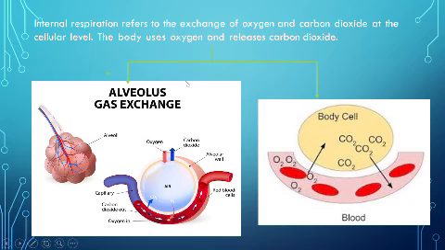Okay, see the picture here. It is alveolar gas exchange. See here, alveoli. Then oxygen: oxygen is entering the body as air. So capillaries, carbon dioxide out, oxygen in, red blood cells and alveolar wall. All the process is done in the cells in our body itself, and then it sends carbon dioxide out as a waste product during exhalation.